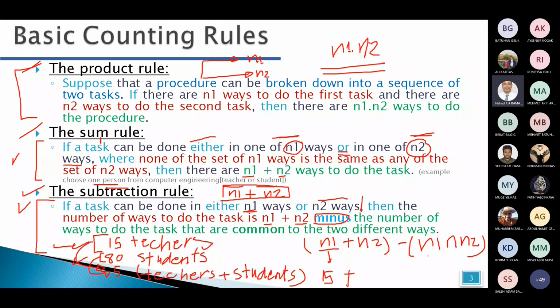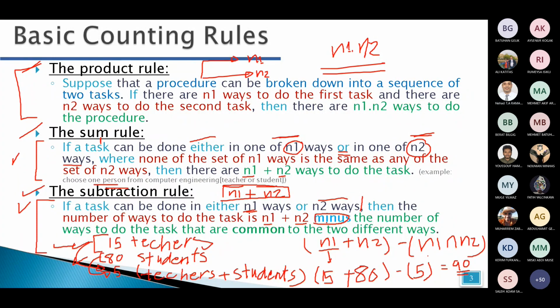And to select from the students, we have 80 ways. And this minus the intersection, which is 5, common between the students and the teachers. So the result is 90 ways to do this job. So this is the idea of subtraction.